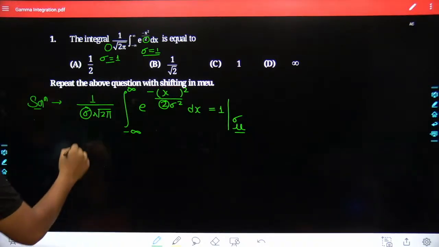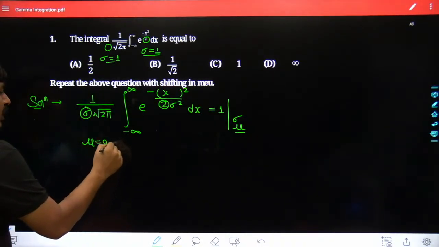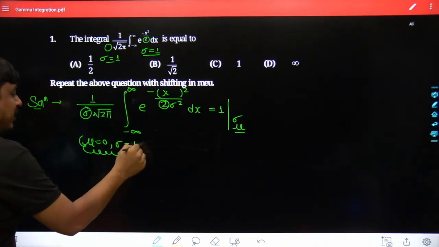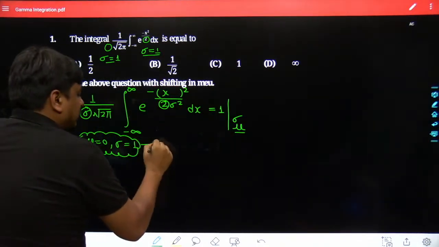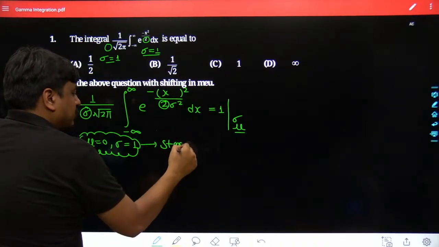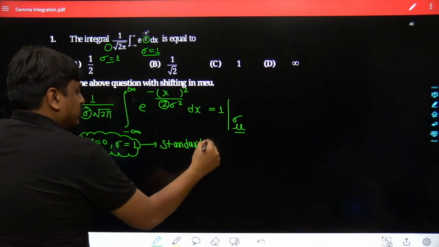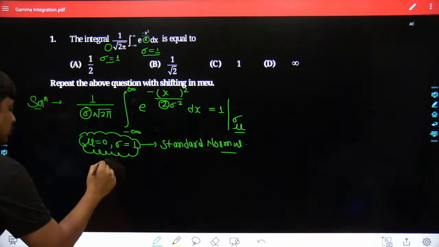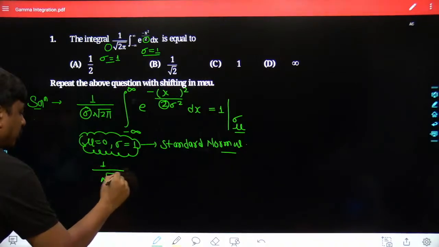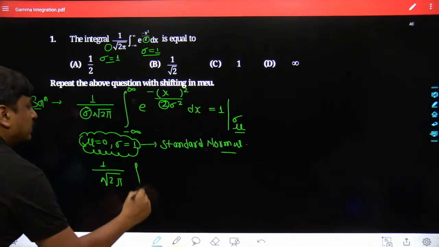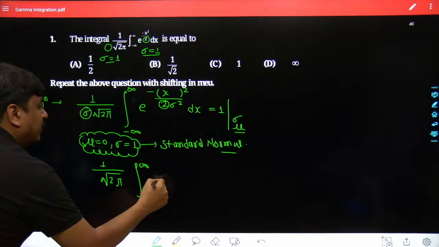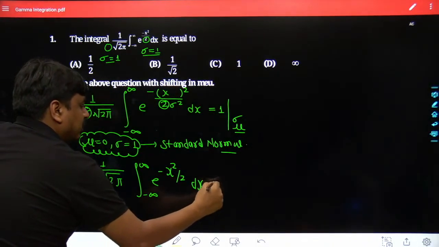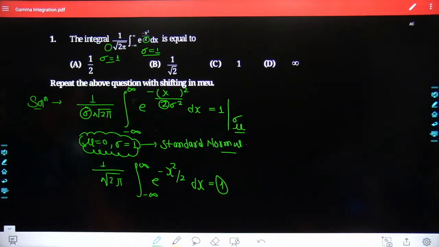So if you put the value of mu as 0 and sigma as 1, which we also call the standard normal distribution, the given form of the PDF changes into 1 upon root over 2 pi, integral from minus infinity to plus infinity of e to the power of minus x square divided by 2, dx. Still the answer would be 1.